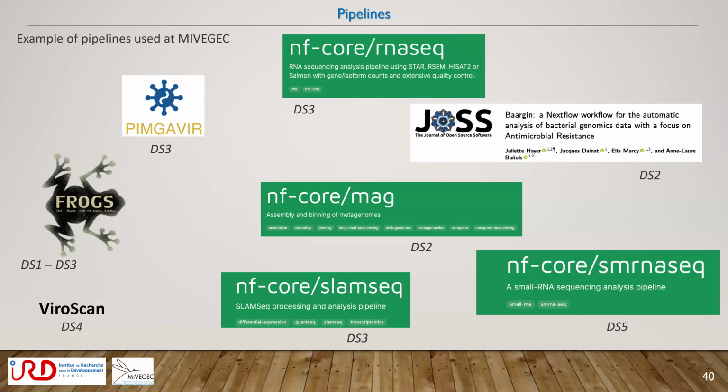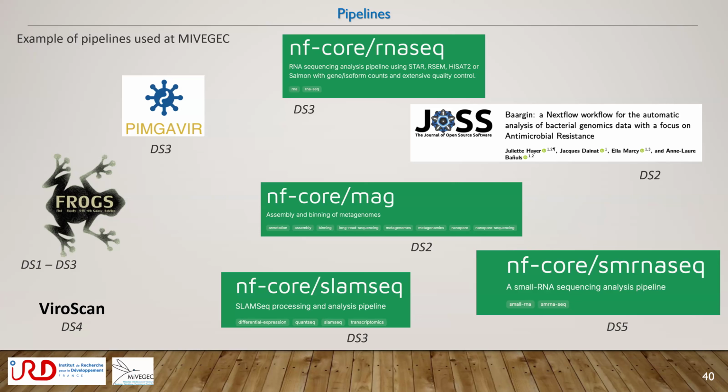So I wanted to finish with 2 slides to show some examples of pipelines that have been used this year by MIVEGEC users. I know that a lot of you are aware of them, and different departments use different pipelines. But something that I wanted to mention is FROGS. This is a pipeline within Galaxy.